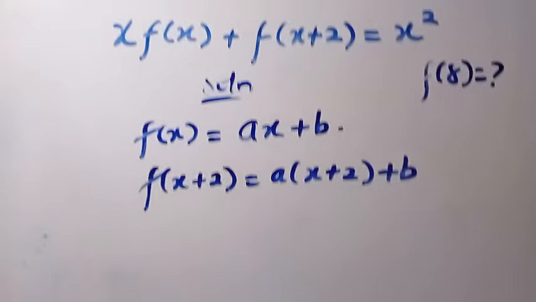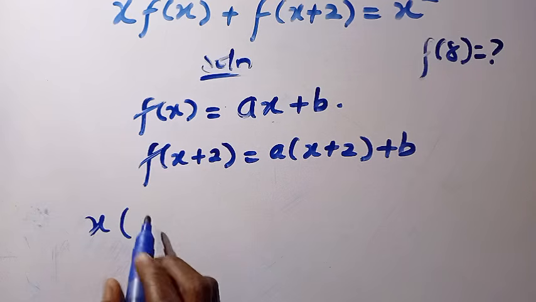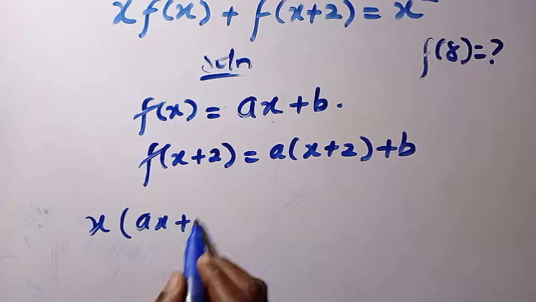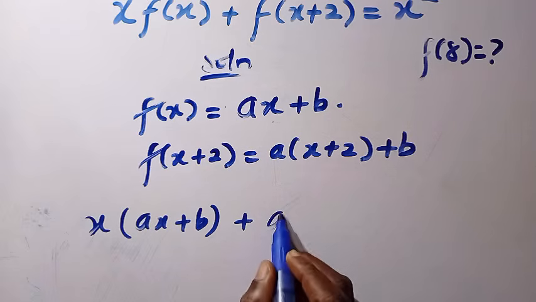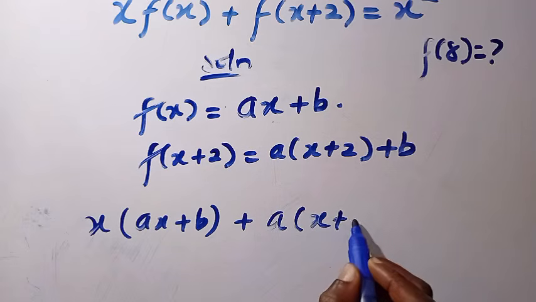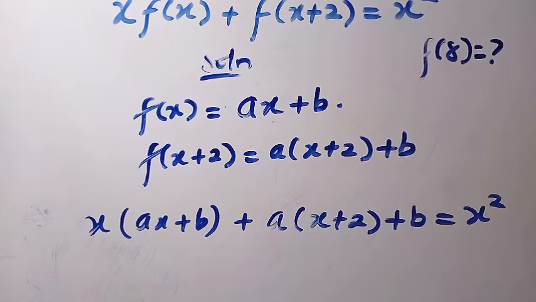Now let's bring this together. For x times f(x), that is ax plus b, then plus f(x+2), that is a(x+2) plus b, equals x squared. If these two sides are able to be equal, then we conclude that the function is linear.